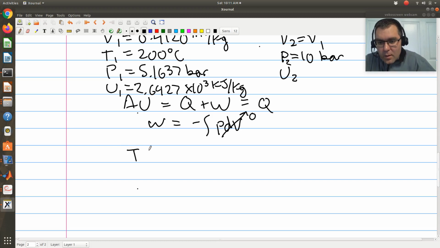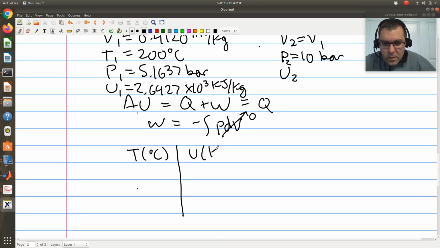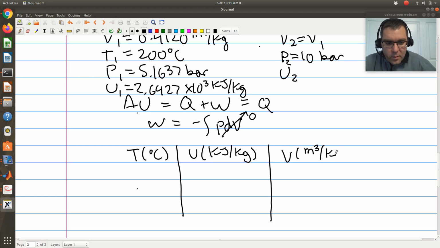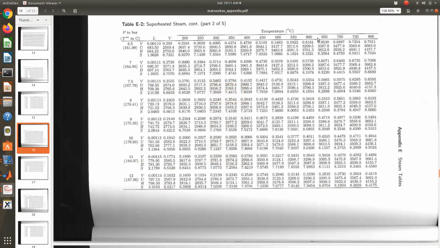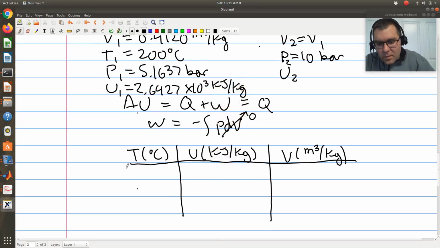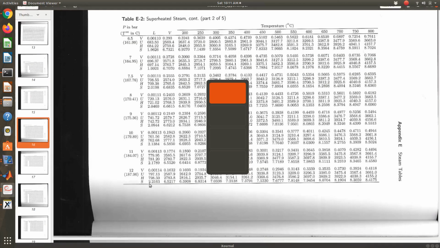I'm going to create a column for T in degrees C. Now let's put U here in kilojoules per kilogram, and then finally V, which is meters cubed per kilogram. All right, so we are between 600 and 650 degrees C. So I'm just going to write 600, to make it clear how we're interpolating.